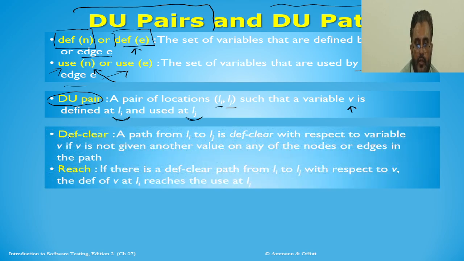The next definition is of a def-clear path. A def-clear path is a path from location li to location lj with respect to some variable v if v is not given another value in any of the nodes or edges in the path.